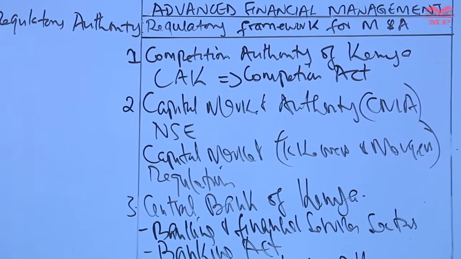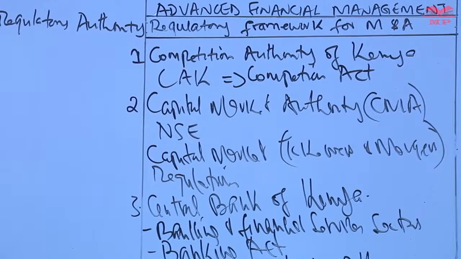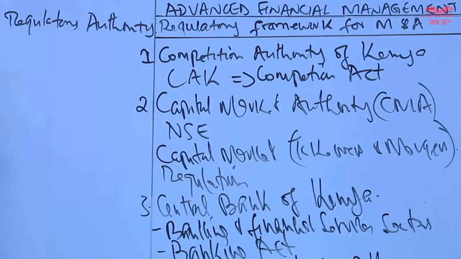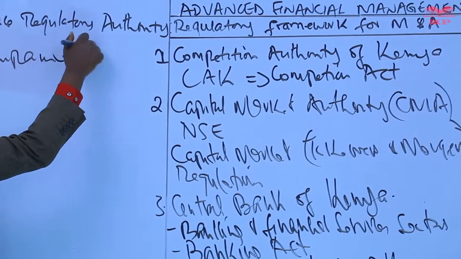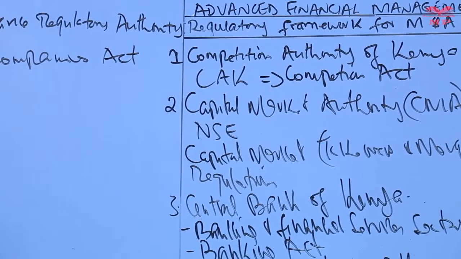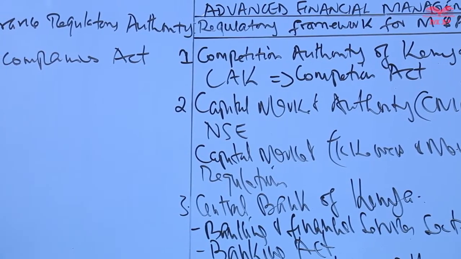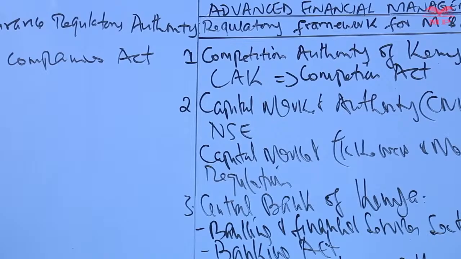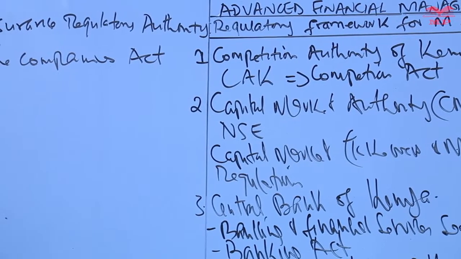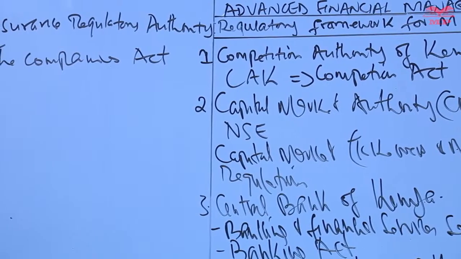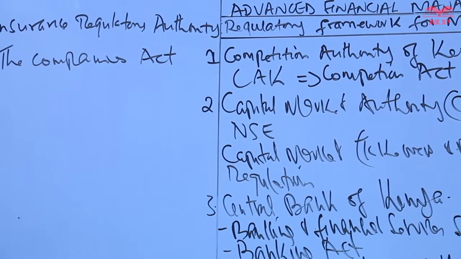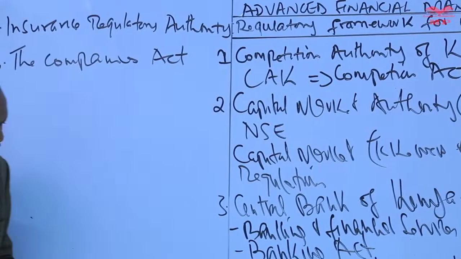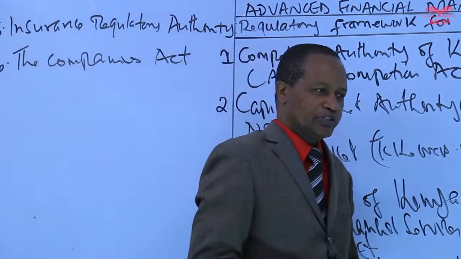I can go on and mention such bodies and mention other acts of parliament like the Companies Act of 2015, which provides what we call general regulations for companies within Kenya, and it impacts how mergers and acquisitions are carried out.